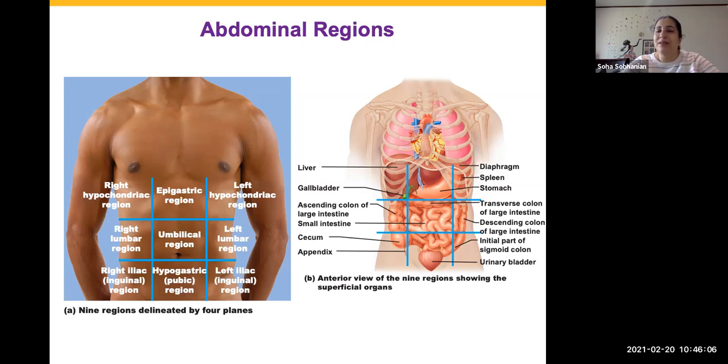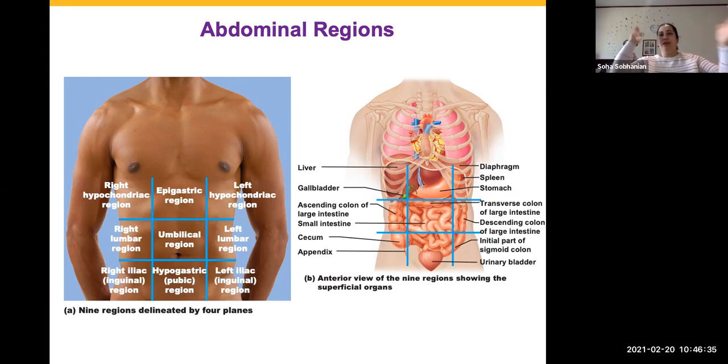Inguinal refers to little openings in the serous membrane where the intestines can come out into the pelvic region, and that can cause problems. So inguinal refers to those two openings located in that region. But the common terminology is iliac, because the bone is a more common way of calling this region.